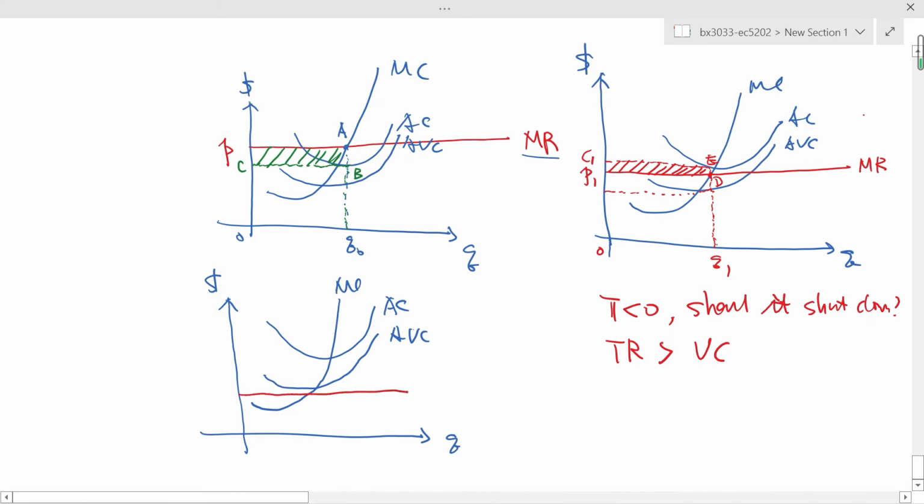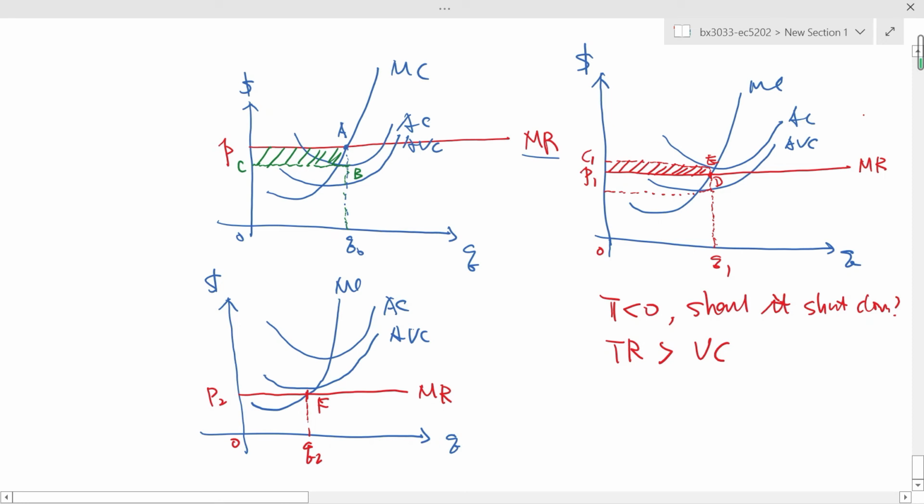That's P2. And this is also a marginal revenue curve. And first with P2, the best the firm can do is still follow MR equal to MC, which means producing at the intersection point here. Let me call this F. That means a quantity of Q2.